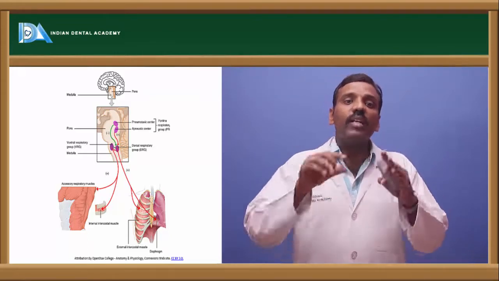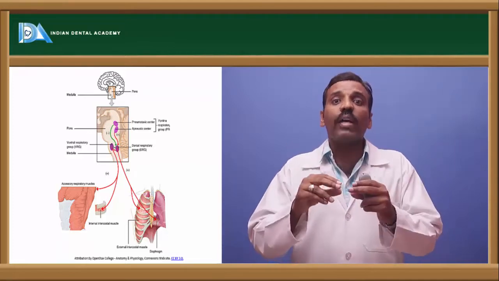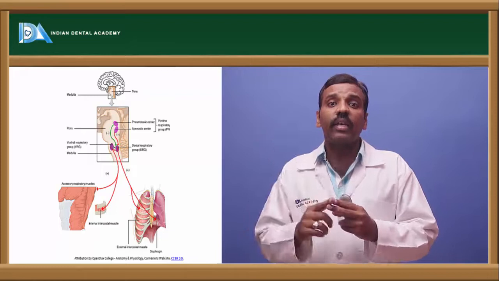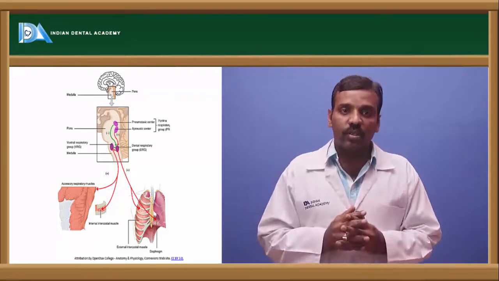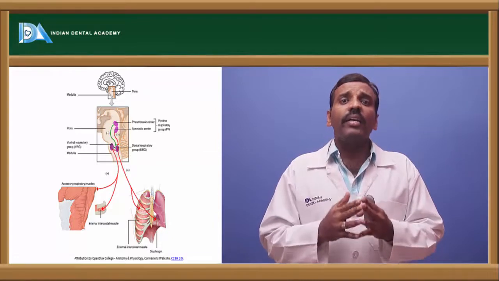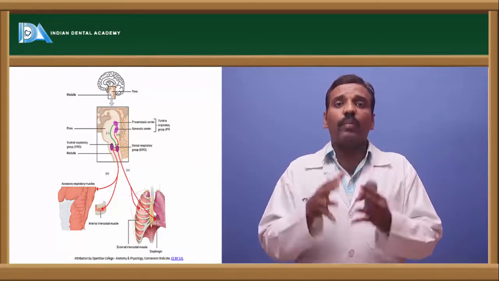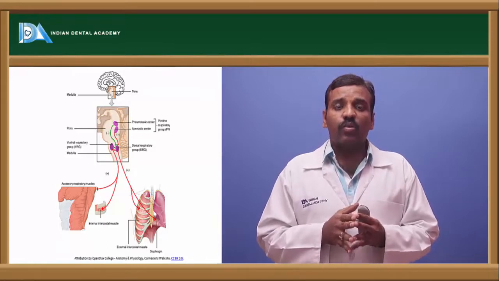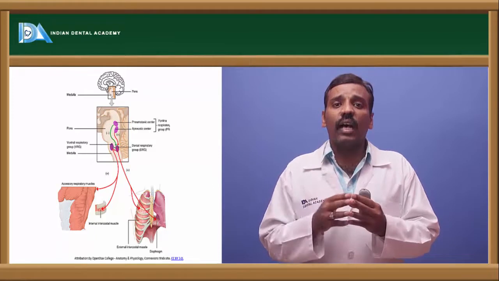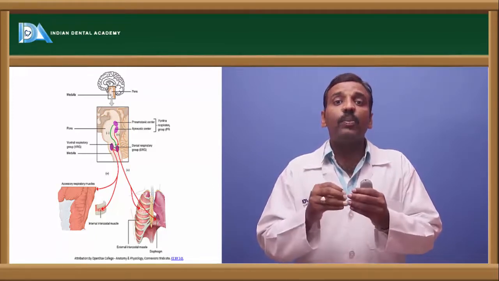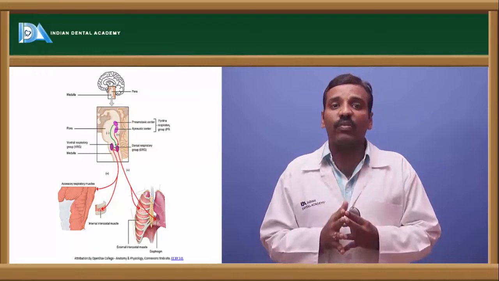These two are present in the medulla, and they are influenced by the pontine centers, the pneumotaxic centers and the apneustic centers. The inspiratory centers control all the other centers. First comes inspiration, and when inspiration occurs, the dorsal group of neurons gets activated.